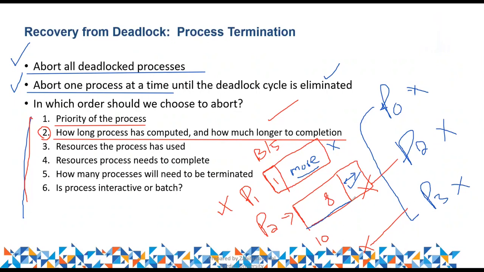Okay, guys? So if a process consumed less CPU time and will require more CPU time, kill it. If a process consumed more CPU time and will require less CPU time, don't kill it, okay?